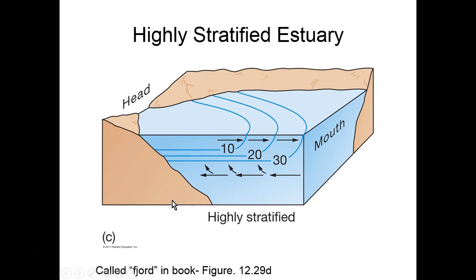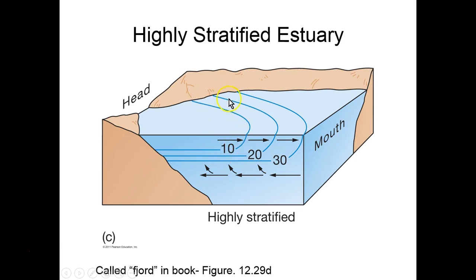But this next one with a highly stratified estuary, you can really see a change in the salinity from the surface down. So again, here's the river. Fresh water coming in, okay, salt water is over here coming in. Now because the water is so deep, the fresh water actually comes out at the surface and the salt water goes in deep down. So these blue lines right here are showing you the salinity all along there.